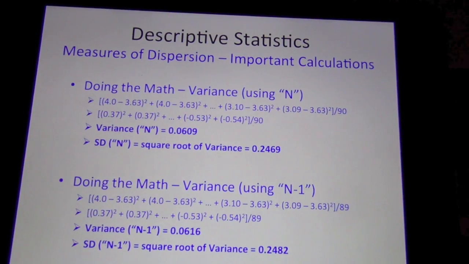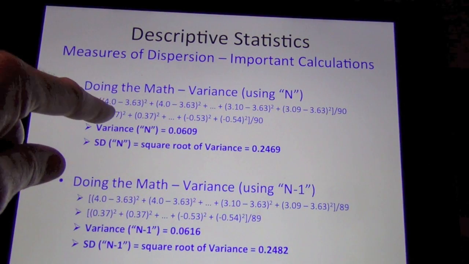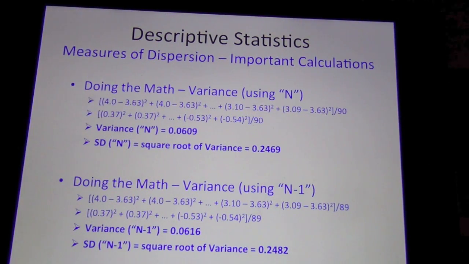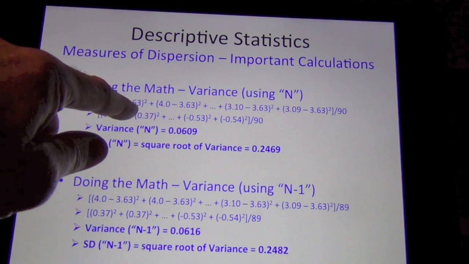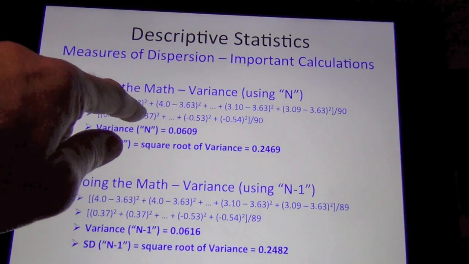So if you do the math, doing measures of dispersion with interval data, like what we did with the grade point averages, the variance is the sum of the squared deviations divided by n minus 1, or divided by n. So what does that mean? Well, if somebody has a 4.0 GPA, and the mean was 3.63, what's the deviation?